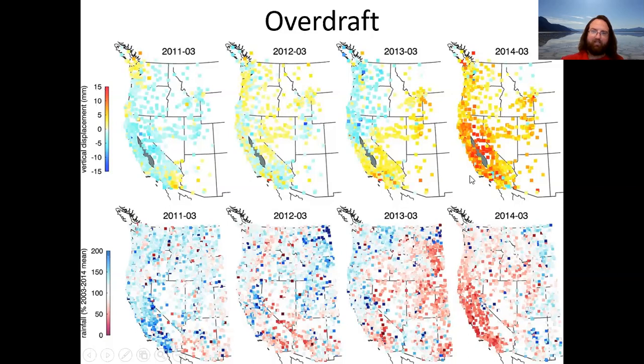And what you see is that this rise in the land surface parallels very closely the rainfall totals, so that during wet years, the land surface seems to be sinking a little bit. During the dry years, the land surface is rising.